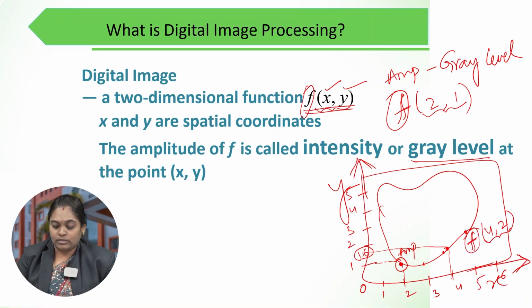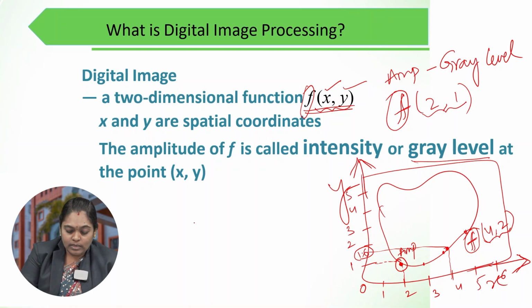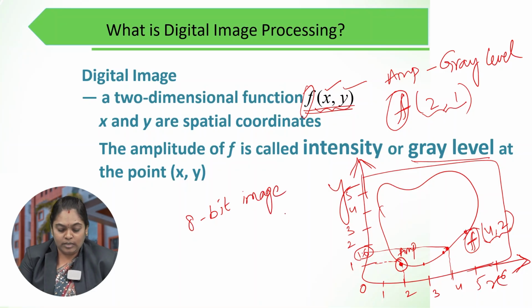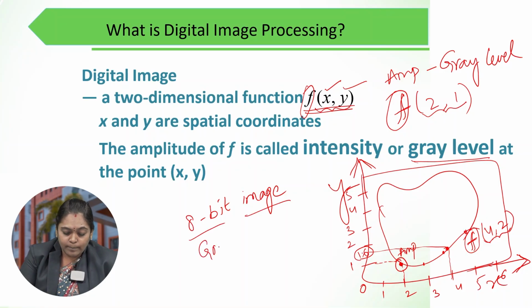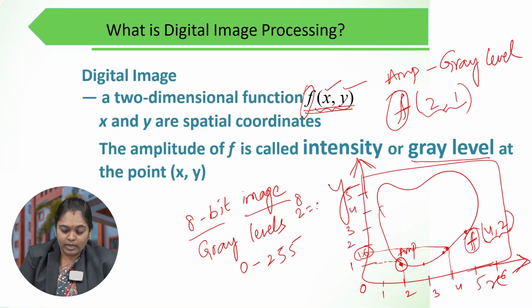So if we consider an 8-bit image, let me take that I am representing the image in 8-bit form. If we take it as an 8-bit image, that indicates I can represent the amplitude values or gray levels ranging from 0 to 255, because the maximum value of 2 power 8 is 256, and the image always starts from the 0 value.